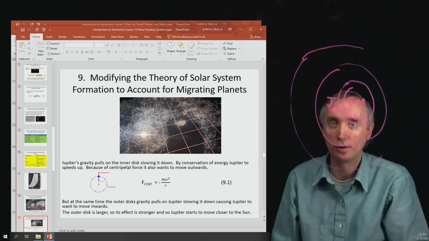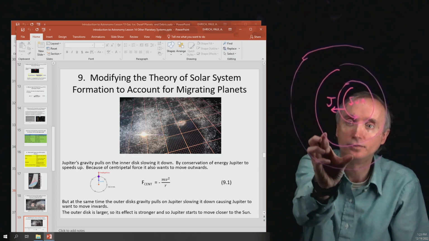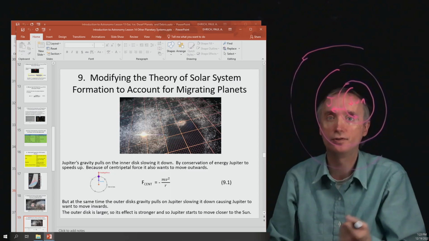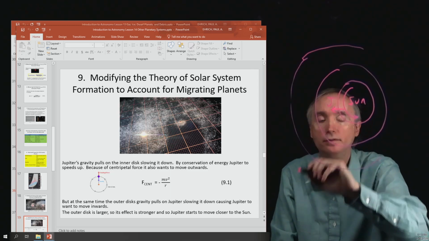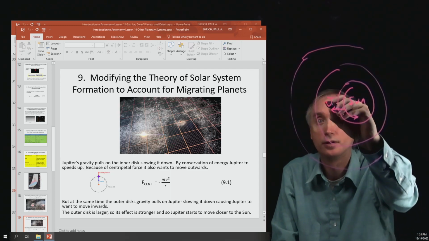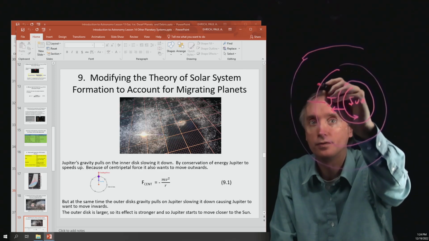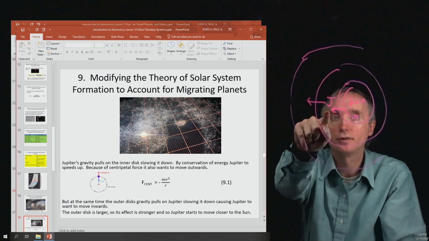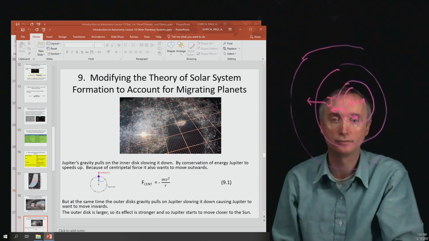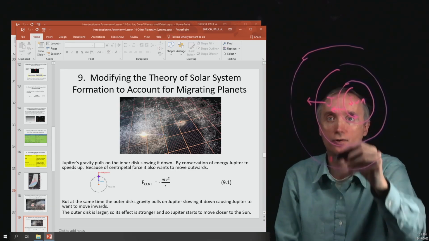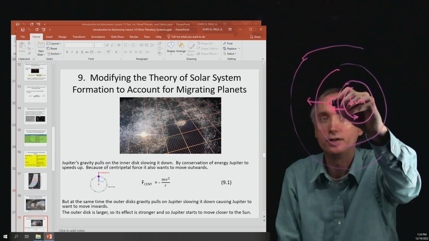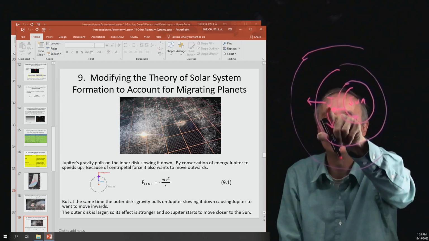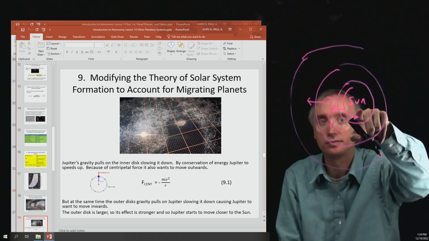Now the problem, though, is this material right here. What it's doing is pulling on Jupiter, the same way that Jupiter is pulling on this disk over here. And so this is slowing down Jupiter the same way that Jupiter is slowing down this disk.